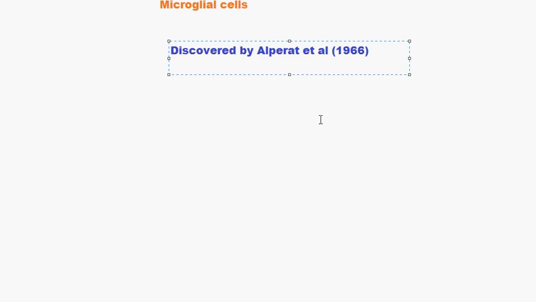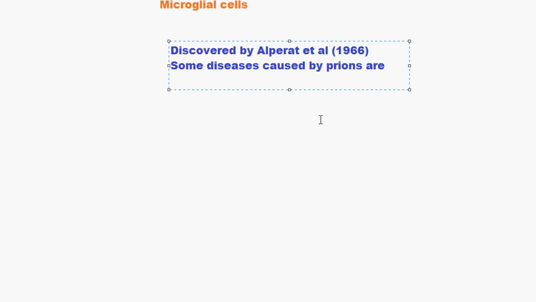And what are the diseases caused by these prion proteins? Some diseases caused by prions are the mad cow disease, or the scientific name for the mad cow disease is bovine spongiform encephalopathy. Alright, so mad cow disease, and as you can see from the name, it is caused in cows.